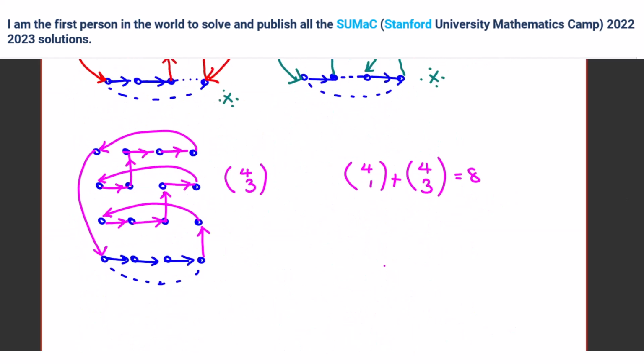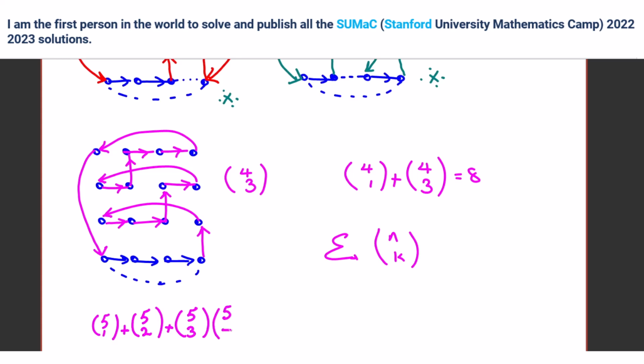Can you guess that it is sigma n choose k such that what's the relationship between k and n? If you check 5, let me tell you. If you check 5, you will see 5 choose 1 works, 5 choose 2 works, 5 choose 3 works, 5 choose 4 works.